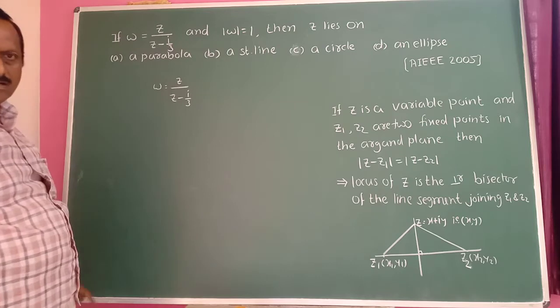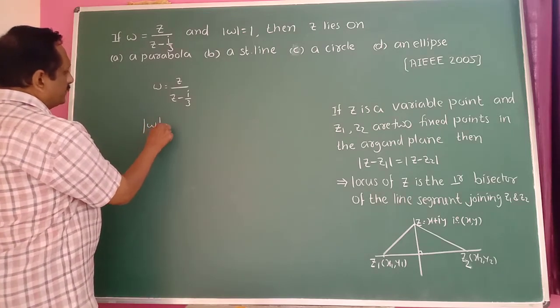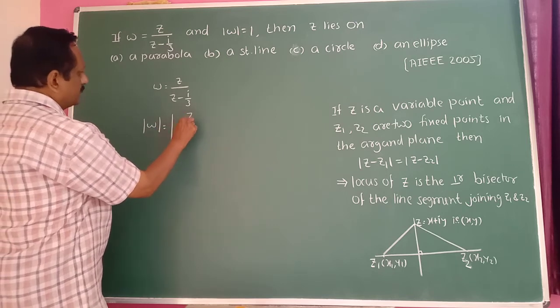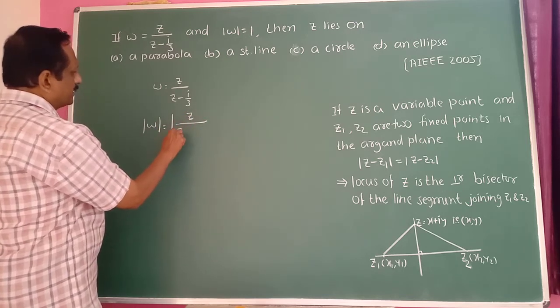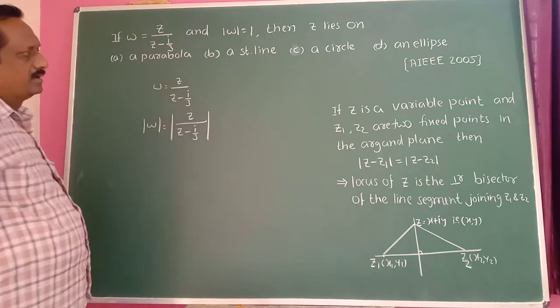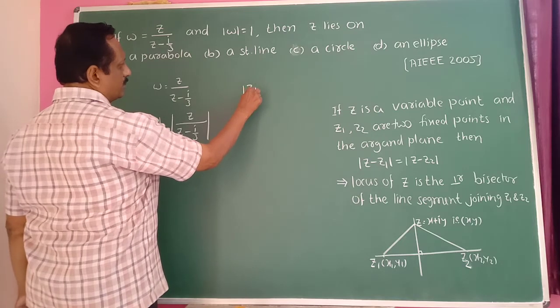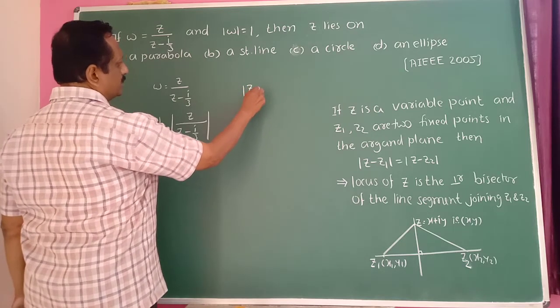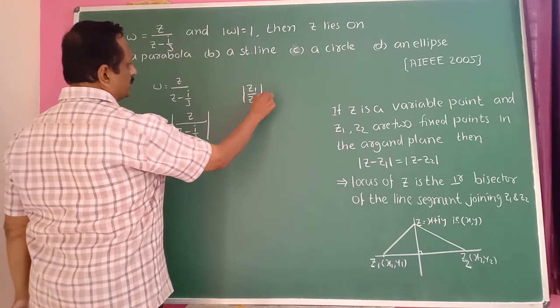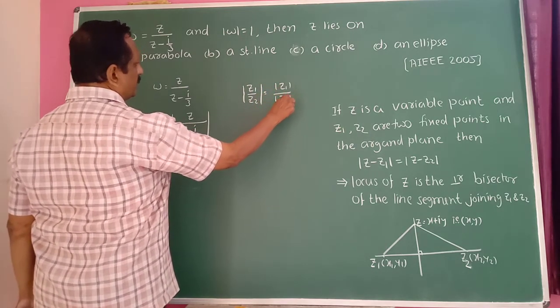by 3. Taking modulus on both sides, modulus of omega is equal to modulus of Z divided by Z minus i divided by 3. And there is a property of modulus here: modulus of z1 divided by z2 is equal to modulus of z1 divided by modulus of z2.